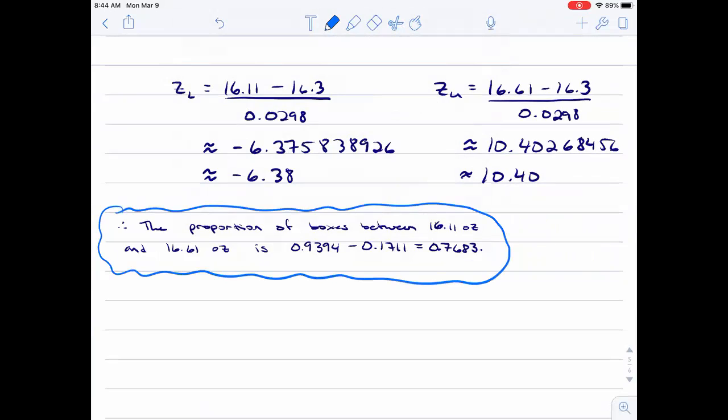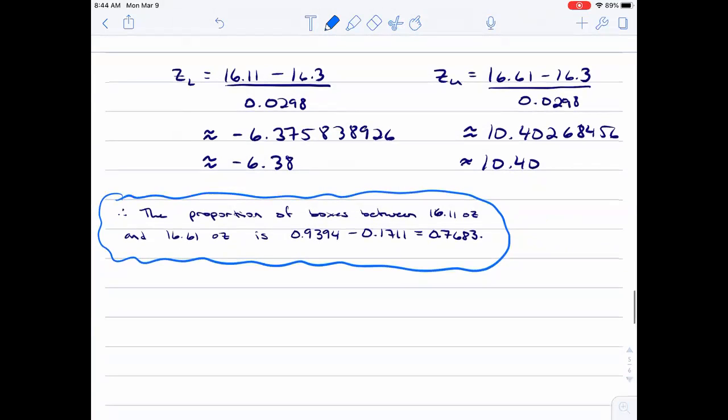Not much of a bubble, just a squiggly. The proportion of, and then I'll add in here, individual boxes, just to emphasize that this is from before. We found that probability to be 0.7683.